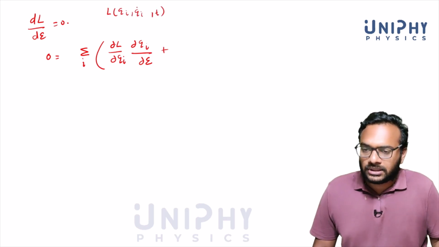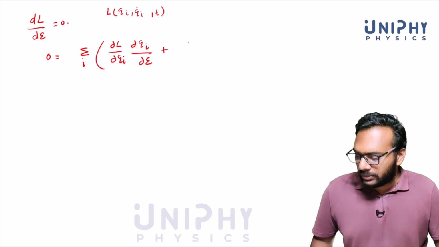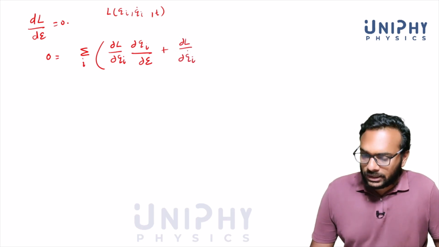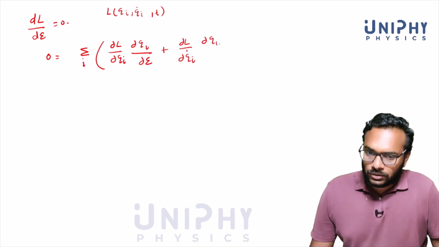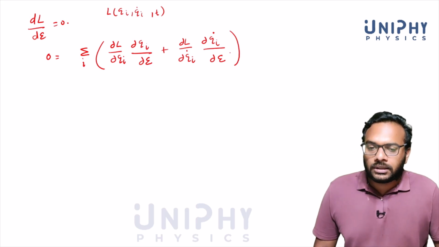We are demanding that the first order change is 0. That's why I write 0 here. So dou L by dou qi times dou qi by dou epsilon plus dou L by dou qi dot times dou qi dot by dou epsilon. So that's it. We are demanding that this is equal to 0.